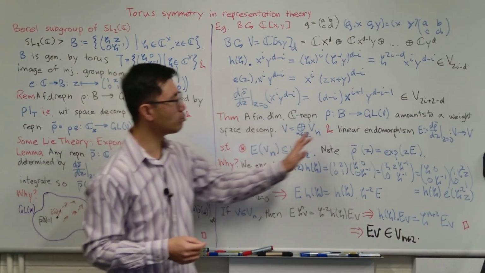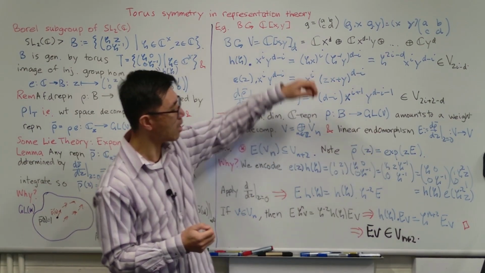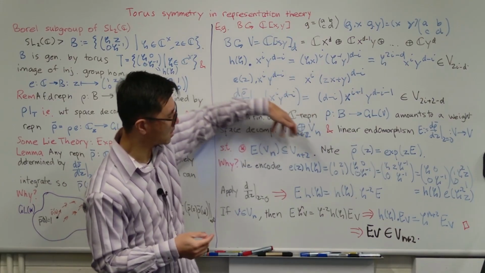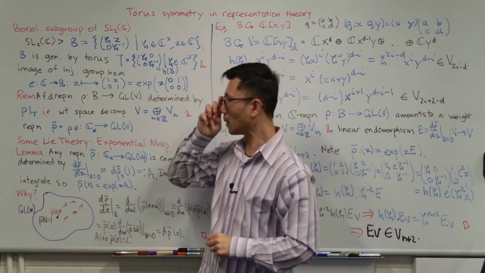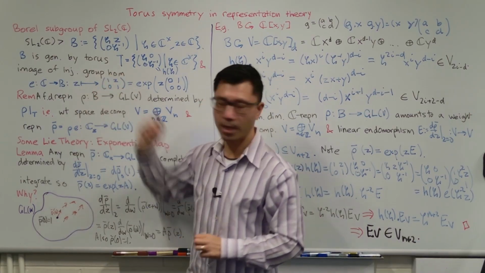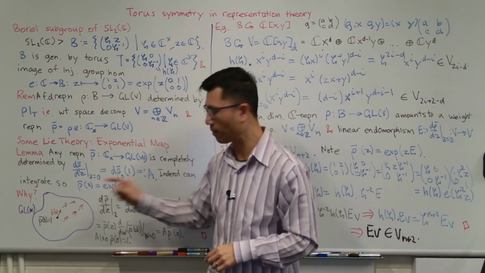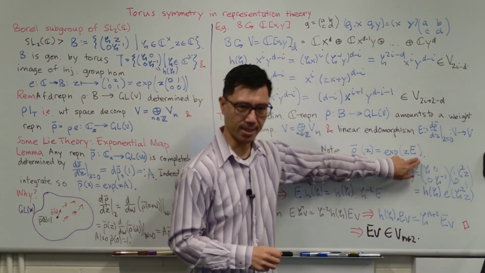And as usual, how do you recover the whole representation? You just need to say what rho does to this torus, which is just given by the weight space decomposition, and what does it do to this subgroup here? Well, remember, we can use this last part of this lemma to say what rho bar of z is. So rho bar of z is this exp of zE.